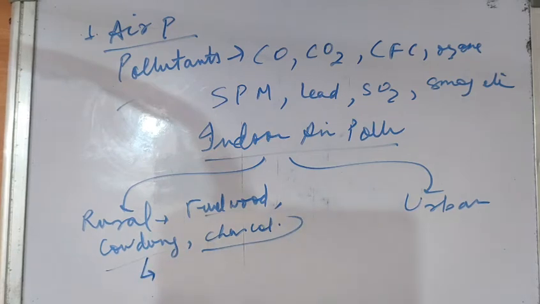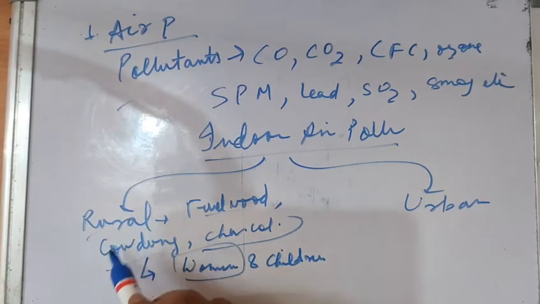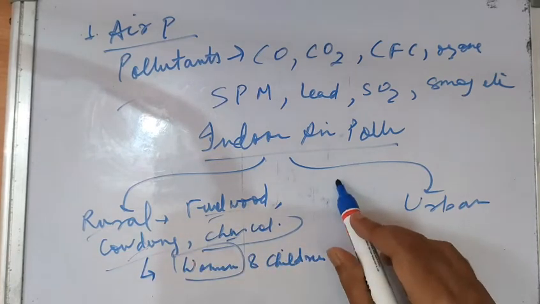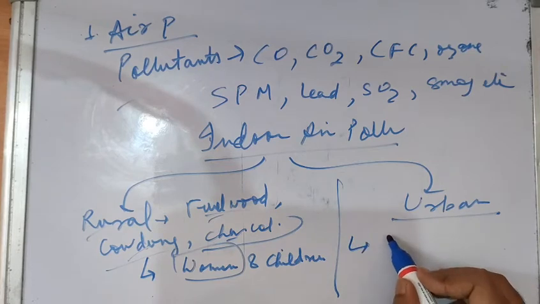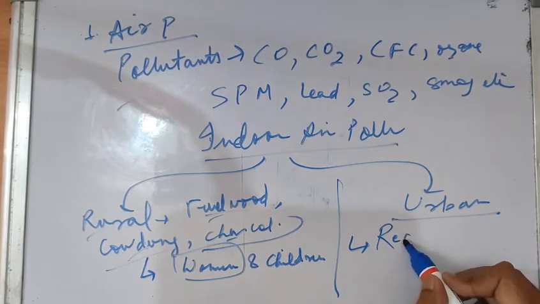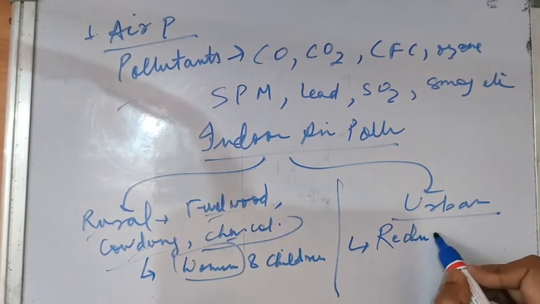Rural indoor pollution highly affects women and children, as they are majorly inside the house, especially women who cook food using these fuel woods. And urban indoor air pollution is also having a huge impact, increasing day by day.